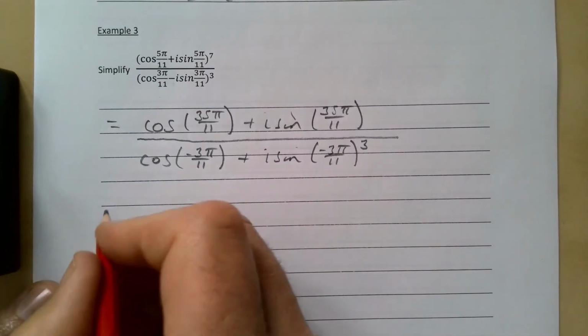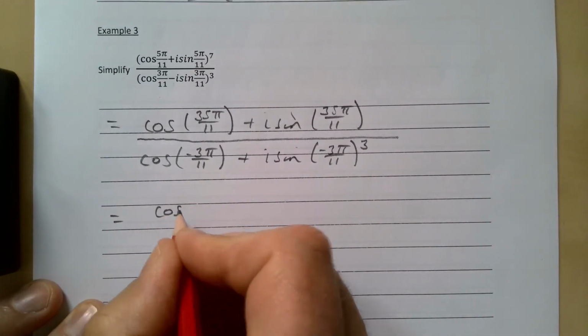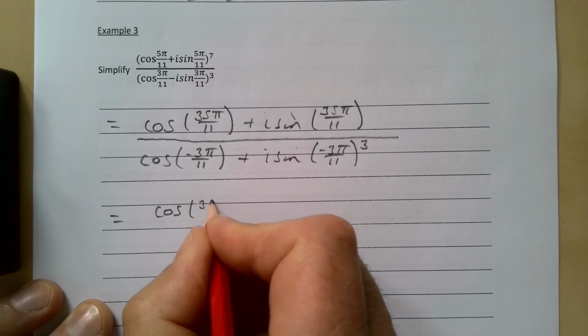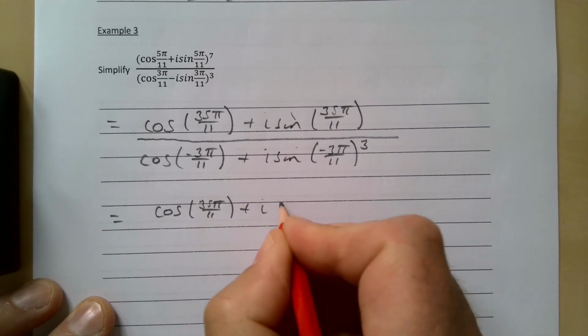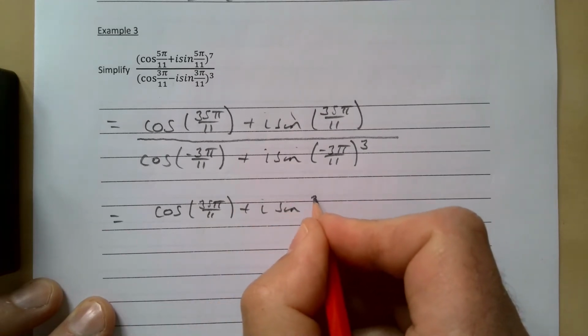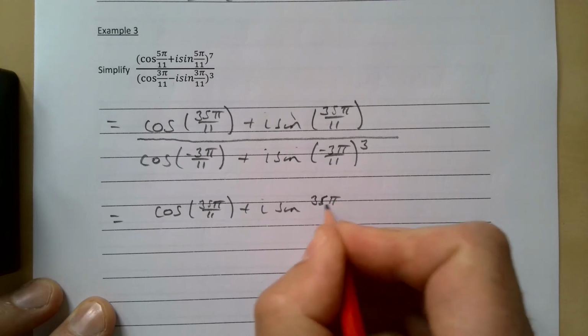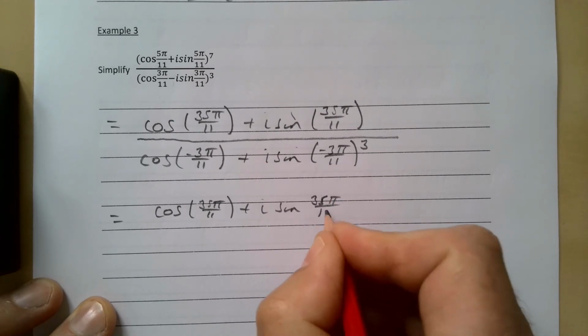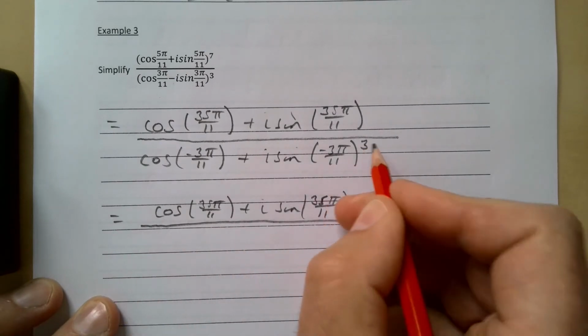Next step I think is straightforward enough. We want to write cos 35 pi over 11 plus i sine 35 pi over 11, and then the 3 is going to come in here.